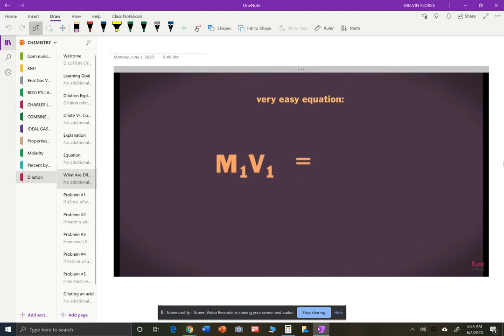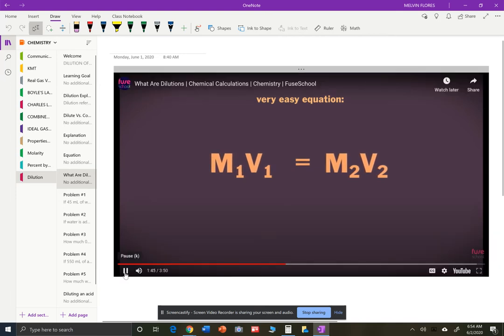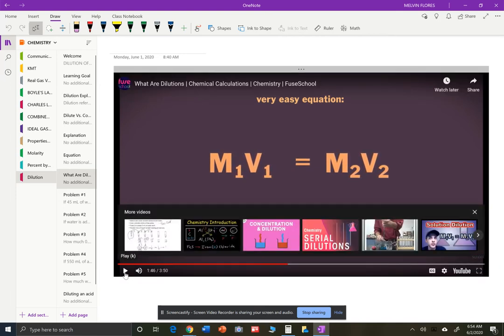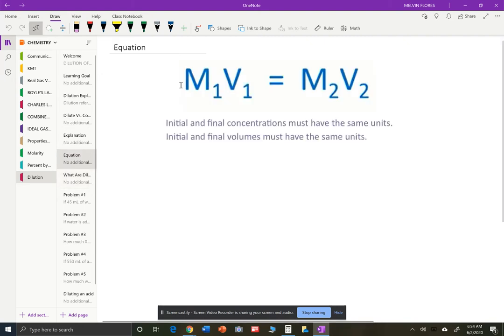M1 V1 equals M2 V2. Let's have a look at where it comes from, and then we'll see what it means. In calculating the concentration or the volume of a solution when doing dilution, you're going to use this equation, M1 V1 equals M2 V2. What does M stand for?